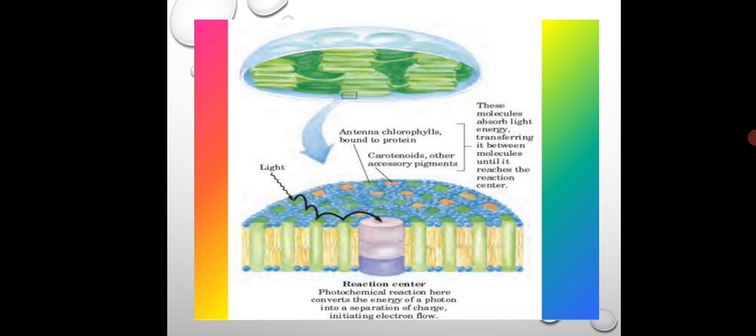First, to carry out photosynthesis, we need light. And to harvest and capture that light, we need the light harvesting complex. This light harvesting complex is nothing but the antenna pigments, which will harvest the light and transfer it to the reaction center.